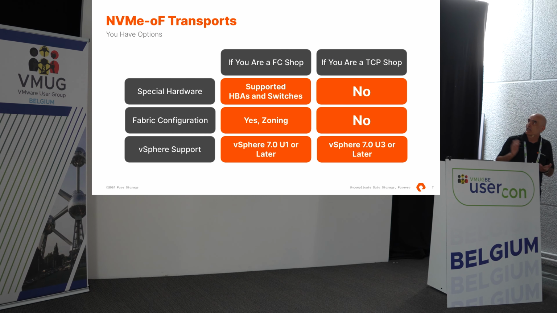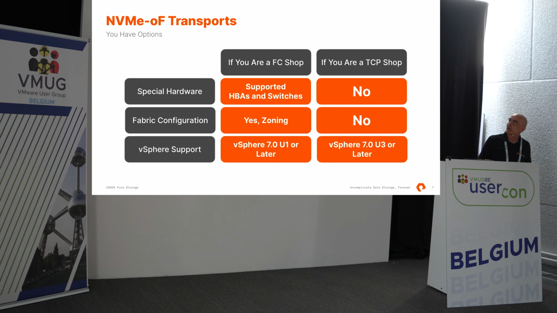The transport media that you can get for NVMe are still based on the fact that you can have a Fiber Channel network in your infrastructure or a TCP-based, an Ethernet-based fabric in your infrastructure.